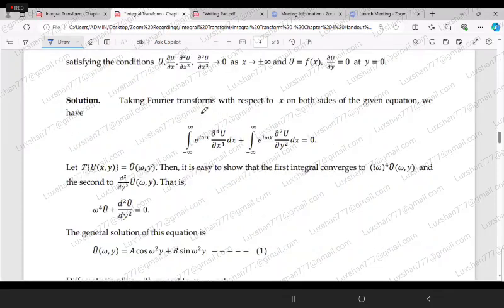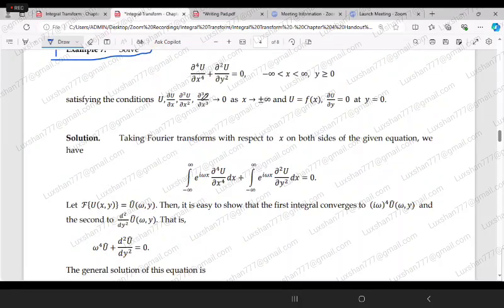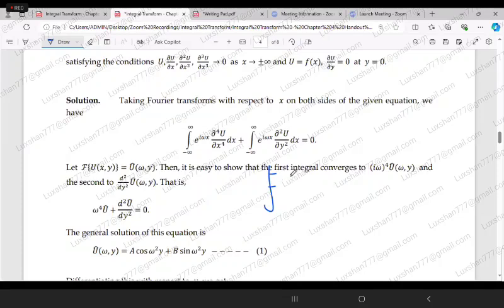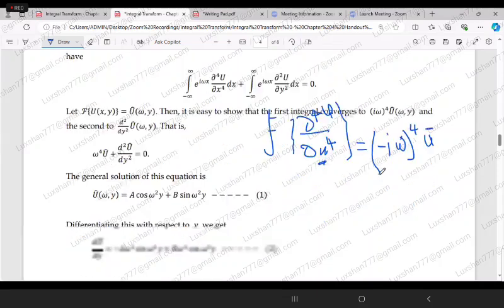Since it's the fourth derivative, if you take the Fourier transform on both sides, what is the Fourier transform of d^4u over dx^4? What is the Fourier variable? It is x. Therefore, that is equal to minus i omega to the power 4 into u bar.